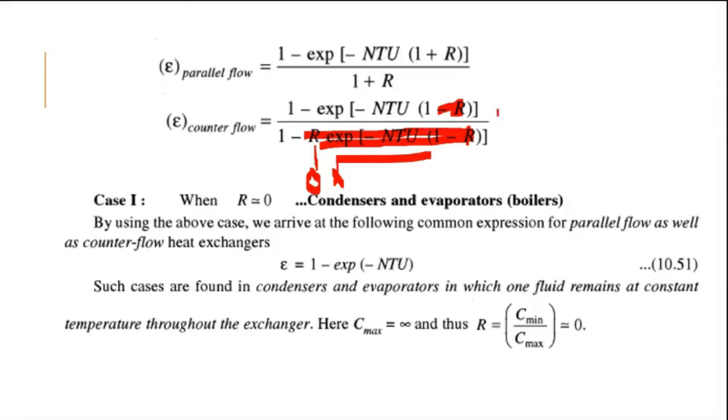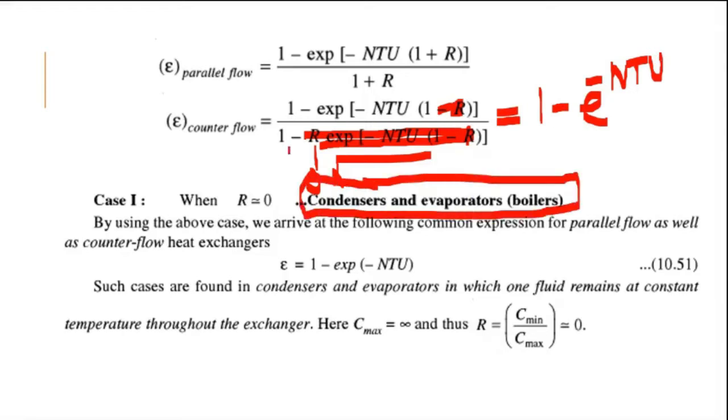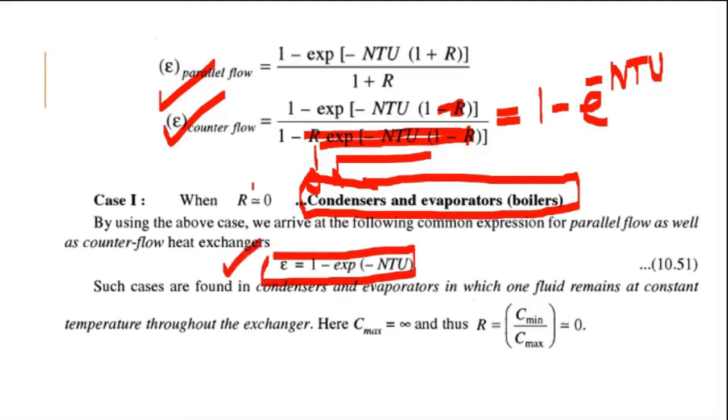And what we get is for counter flow heat exchanger also, the effectiveness value is equal to 1 minus e to the power minus NTU. So whenever we are using a condenser or an evaporator, you can either use parallel flow or counter flow, because for both the cases the effectiveness value is the same, 1 minus e to the power minus NTU.